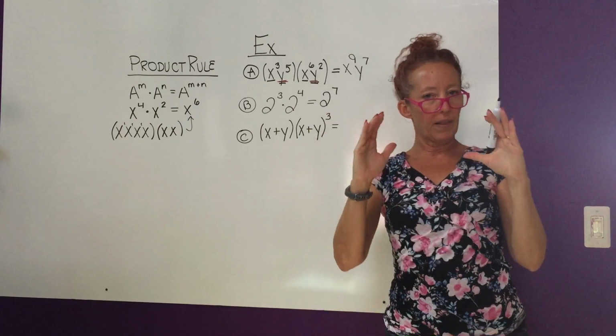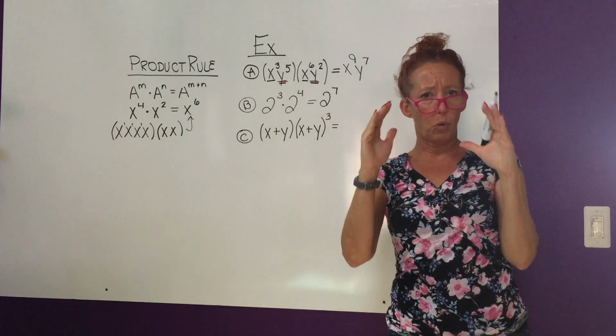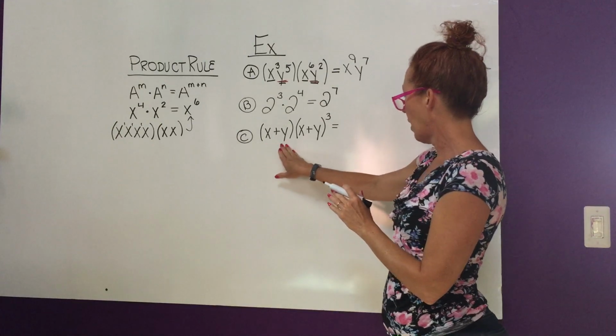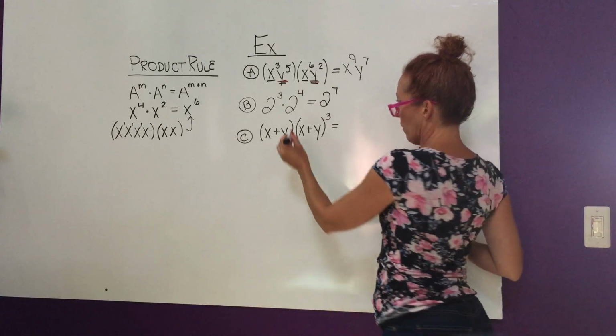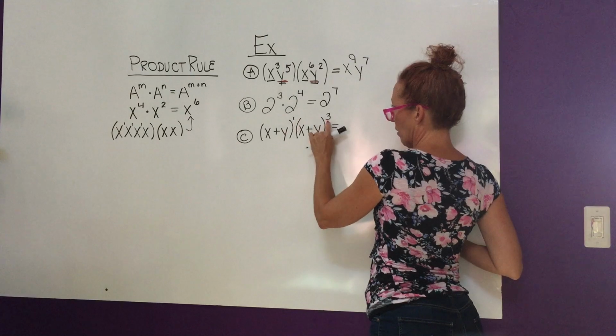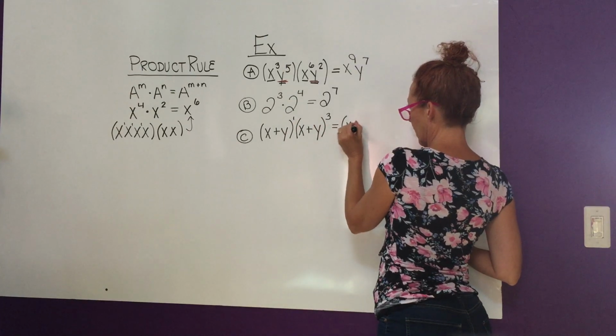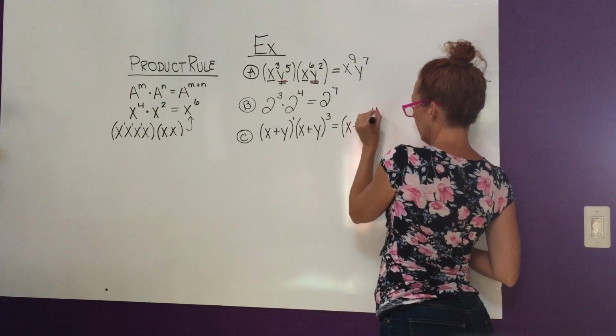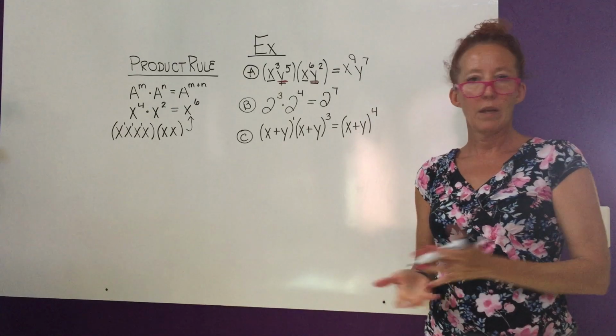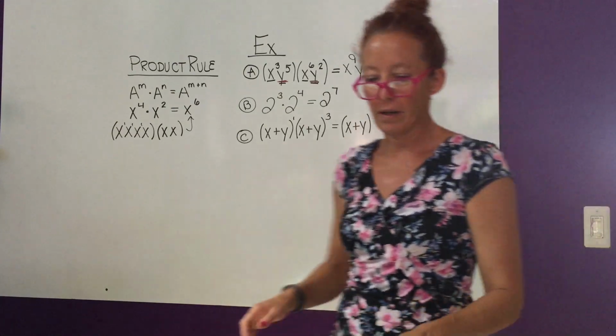So because of the parenthesis right there, it's the whole quantity, x plus y, that is being taken to the power. We know there's a 1 right there. 1 plus 3 is x plus y to the 4th. So that's a few examples of the product rule.